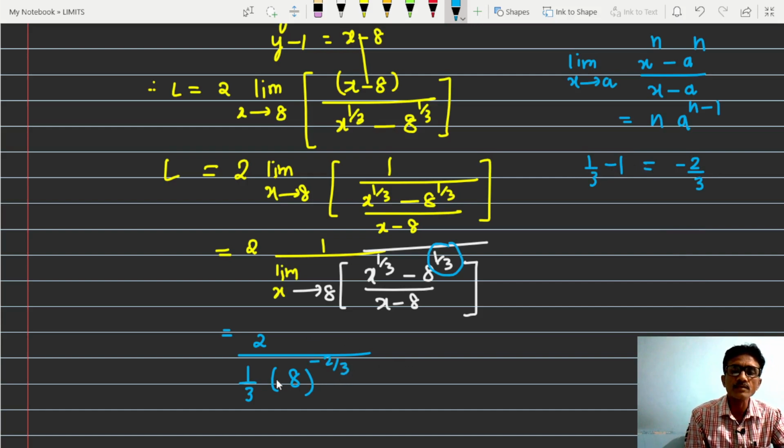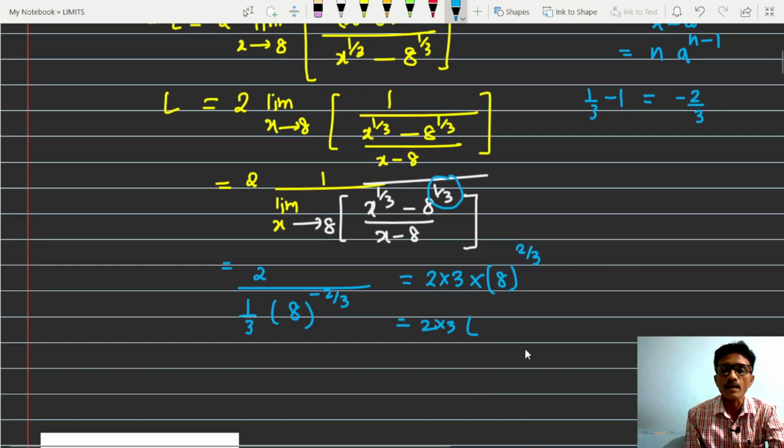So this goes in the numerator, and the 1 by 3 will be 2 into 3, and this 8 raised to power 2 by 3 also goes in the numerator. We simplify: 2 into 3 into 8 raised to power 2 by 3. We write 8 as 2 cube raised to power 2 by 3, so the 3 and 3 cancel, and it will be 2 into 3 into 2 square.